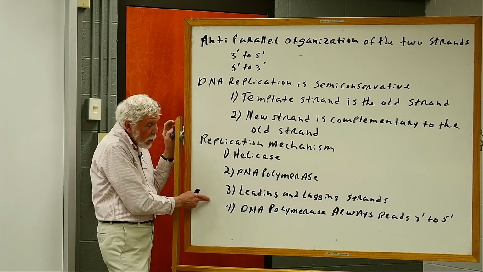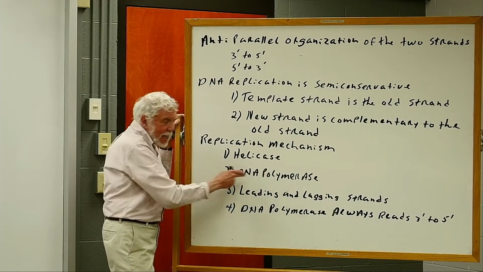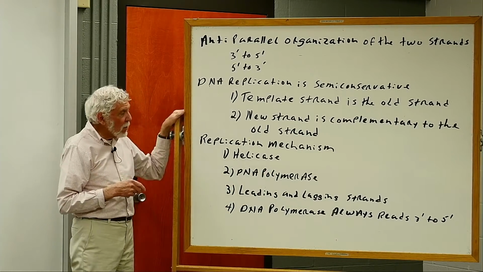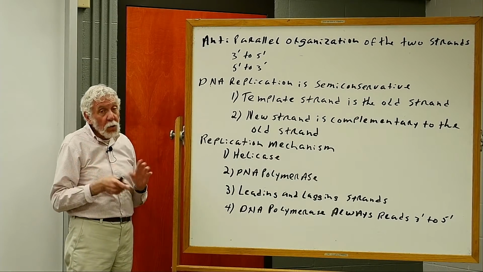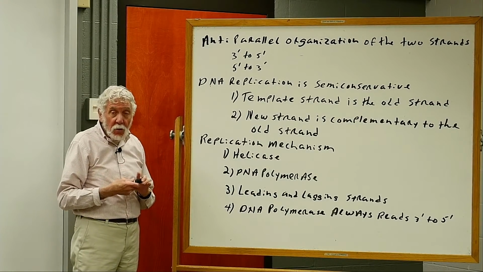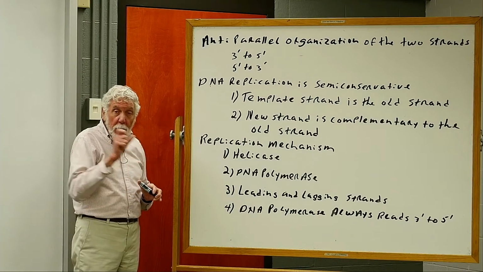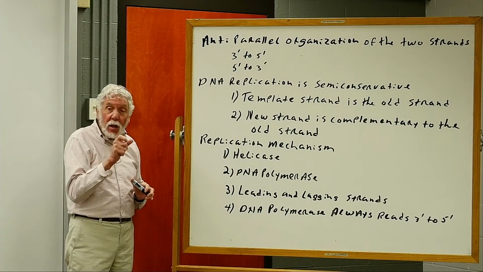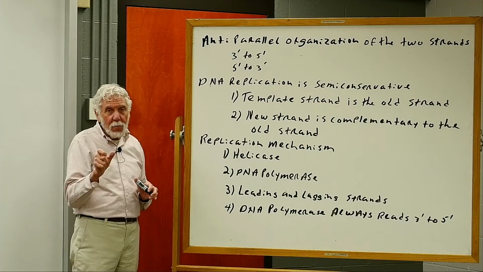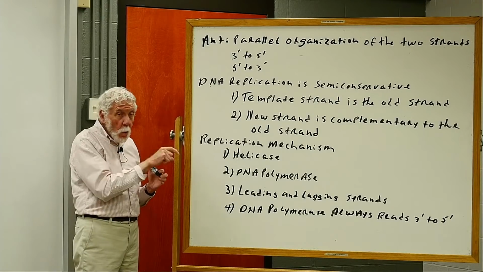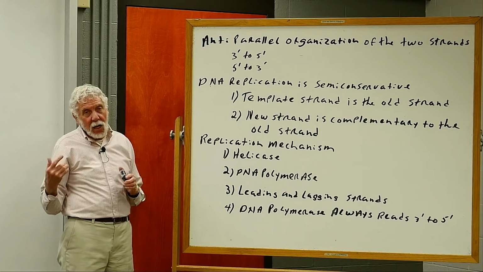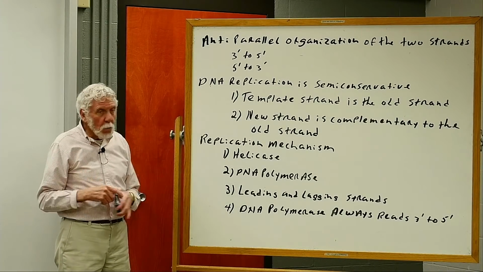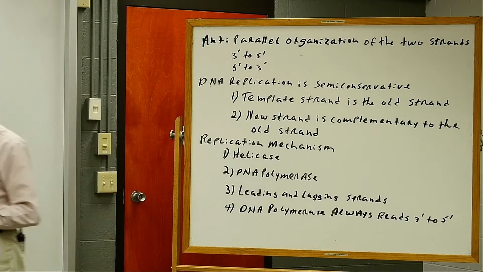This gives rise to the concept of a leading and lagging strand, and we'll talk about what that means. Fundamentally, what it means is the DNA polymerase can only read the substrate, the underlying strand, from its 3' to the 5' direction, and generate a new strand, 5' to 3'. When you separate the two, that means the leading strand can be read continuously, while the lagging strand has to be read in fits and starts, and we'll talk about why that is.